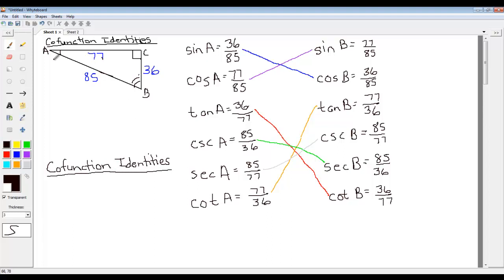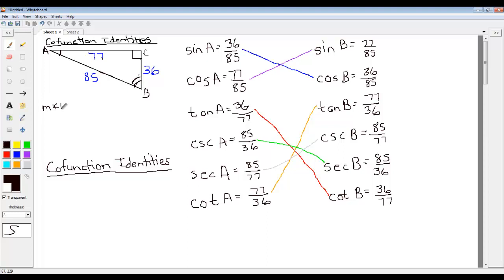If you look closely at this right triangle here, A is an acute angle, C here is a right angle, B is another acute angle. Now all three angles have to add up to 180 degrees.